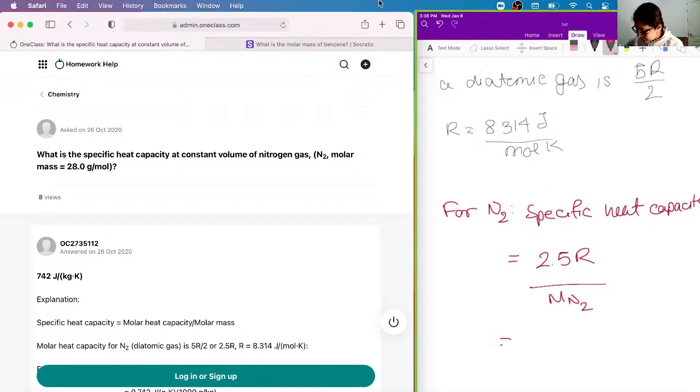So 2.5R is 8.314 joules per mole Kelvin.